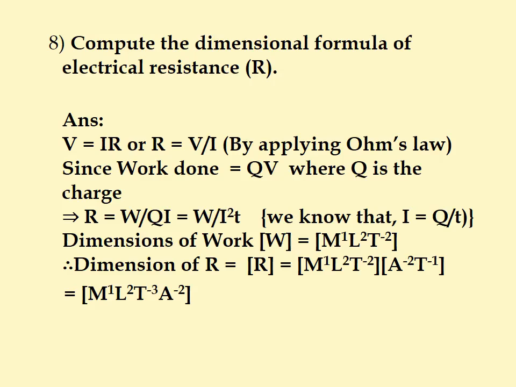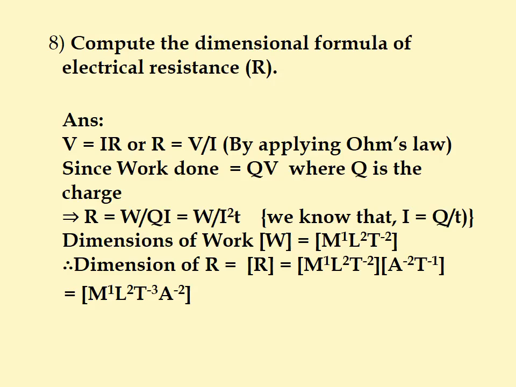First, we have to write the dimension of work W, which is equal to dimension of M to the power of 1, L to the power of 2, T to the power of minus 2.